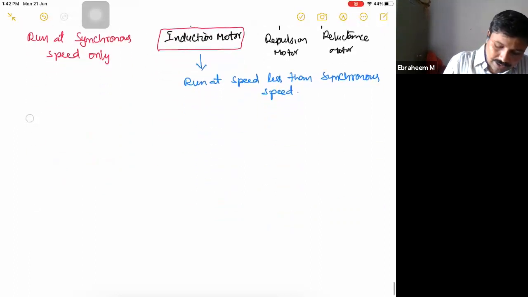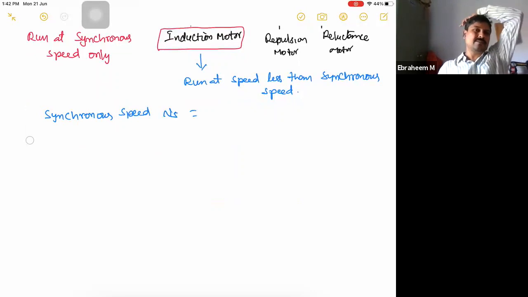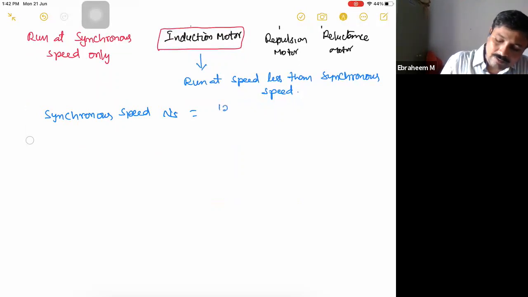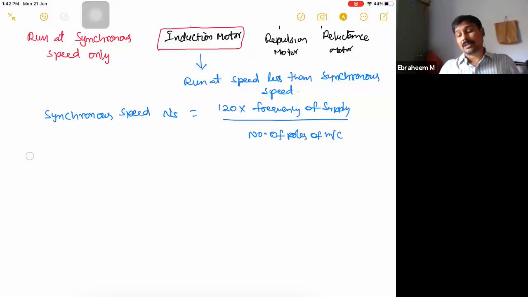Synchronous speed, Ns, N is for speed, s for synchronous, is generally given by 120 into frequency of supply by number of poles of the machine.